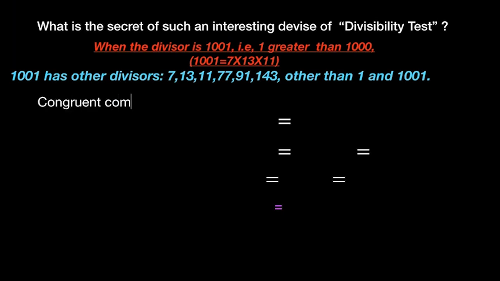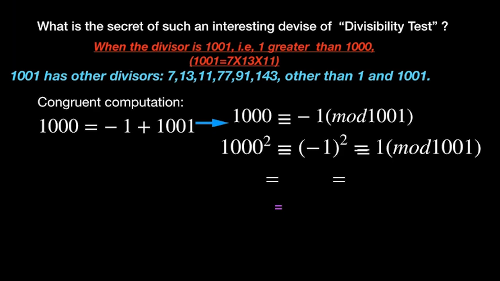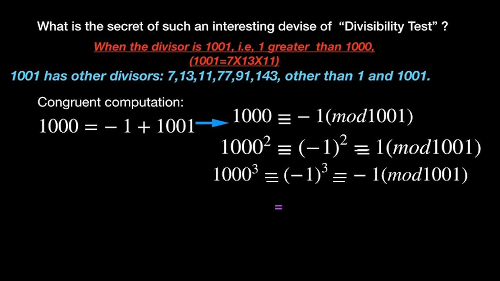Now we can write 1000 equal to -1 plus 1001, and in congruence arithmetic we can write 1000 congruent to -1 mod 1001. So 1000 gives -1 as the remainder when it is divided by 1001. So 1000 squared is congruent to (-1) squared, that is 1, and 1000 cubed is (-1) cubed, that is -1 as the remainder.